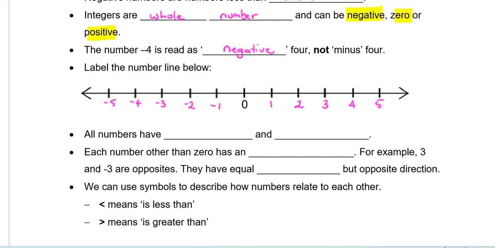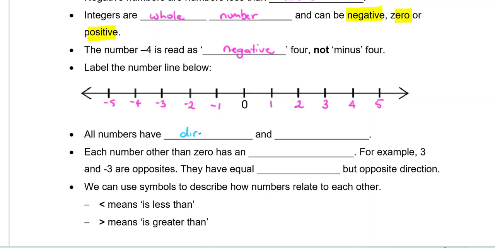All numbers have something and something. Want to have a guess, Roman? No. Nice try though. Callum? No. Another try. It's a good go. They're all things that make sense. But we're talking about positive and negative numbers here. So when we are talking about a number like -4, the number has a size and it also has a direction.